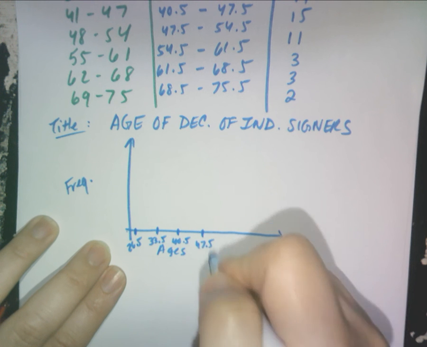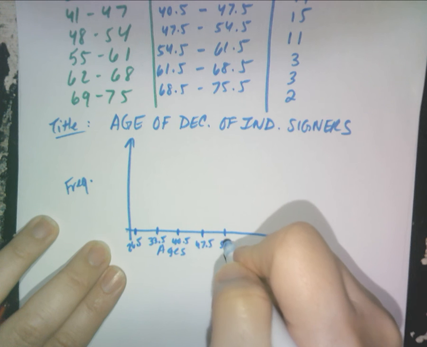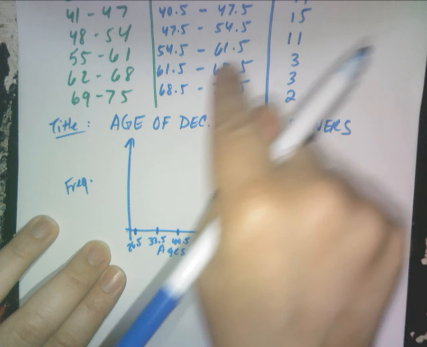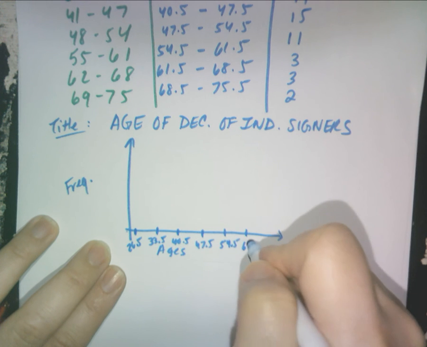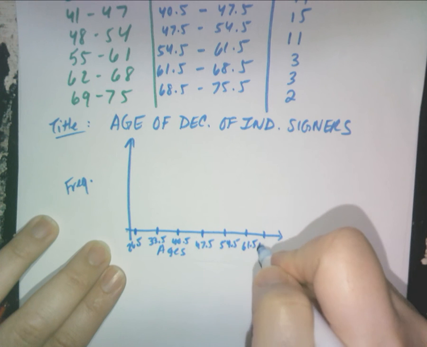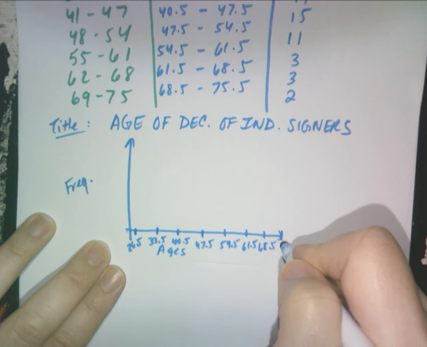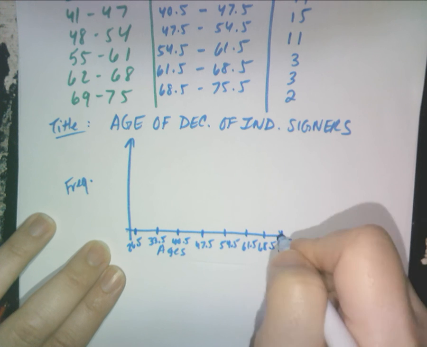You see where I'm getting those from? Those boundaries right here. 47.5 to 54.5. That's why we wanted to make sure these two numbers end the same. 54.5 to 61.5. Am I going to make it? 68.5. I'm not. Oh, I am. Yeah. 75.5. Okay.